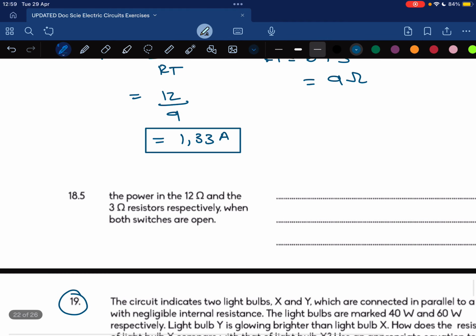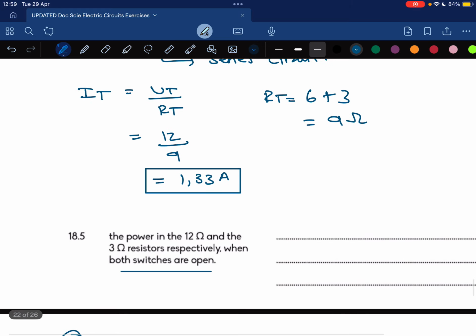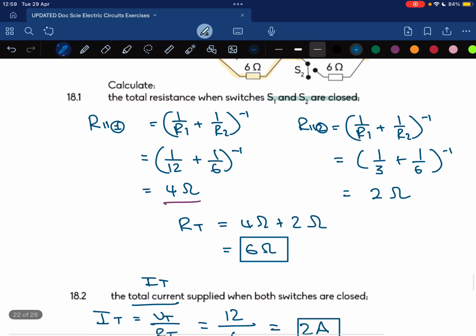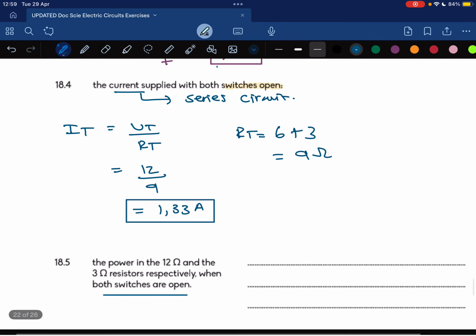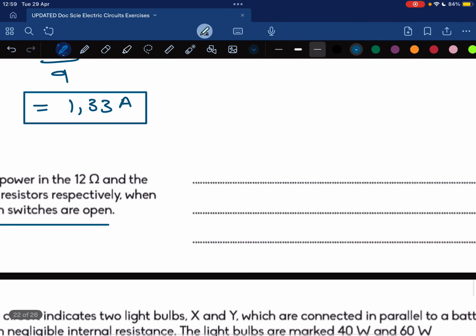Okay, so the power in the 12 ohm resistor and the 3 ohm resistor respectively when both switches are now open. So let's have a look at the 12 ohm resistor first. Does any current flow through the 12 ohm resistor? No. So that means that there can't be any current that goes through that resistor, meaning that there is no power through that resistor.